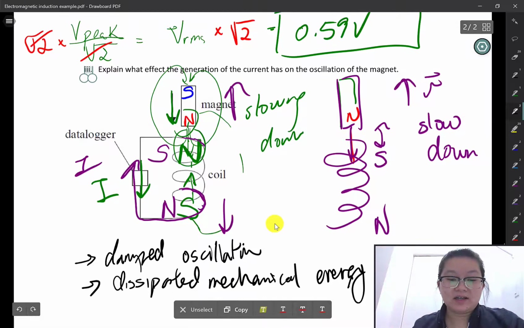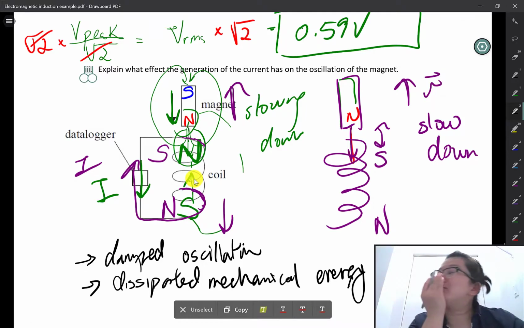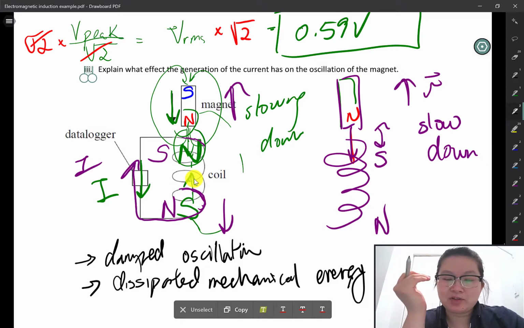This has a lot of unique applications, which have to do with damping. In this case, we have a coil, but in other applications, if you have something that's oscillating or moving, usually something called an eddy current is produced. An eddy current has a similar effect.